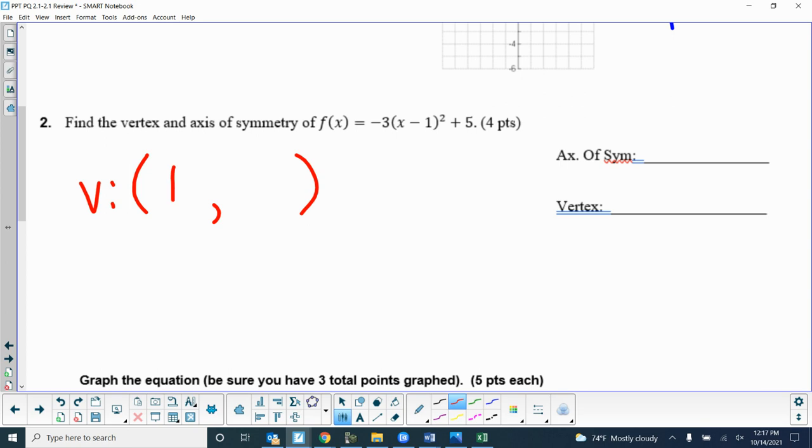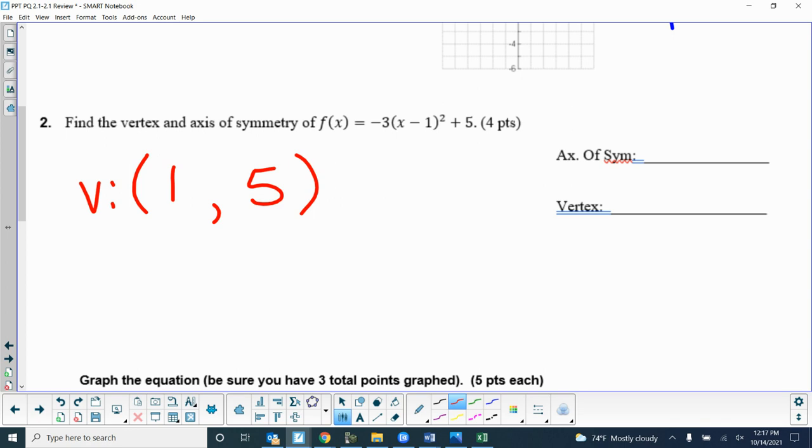Opposite. 1. Yeah. And then you were right with the 5. So 1, 5. Okay? That inside there tells you the x value of the vertex. Again, what makes it 0 is basically all you're looking at. Or the opposite. And then whatever's outside to the right there is the y value.